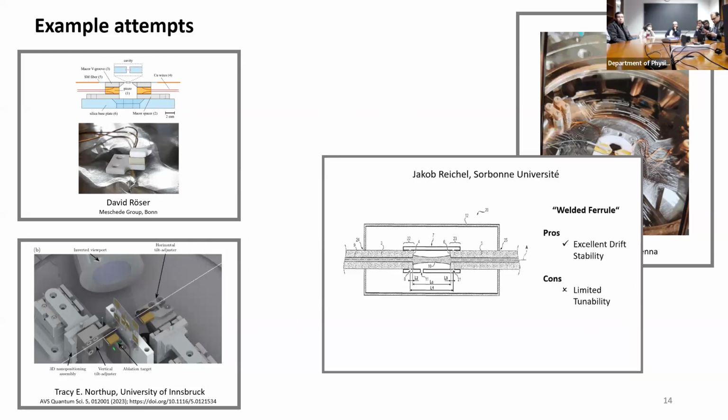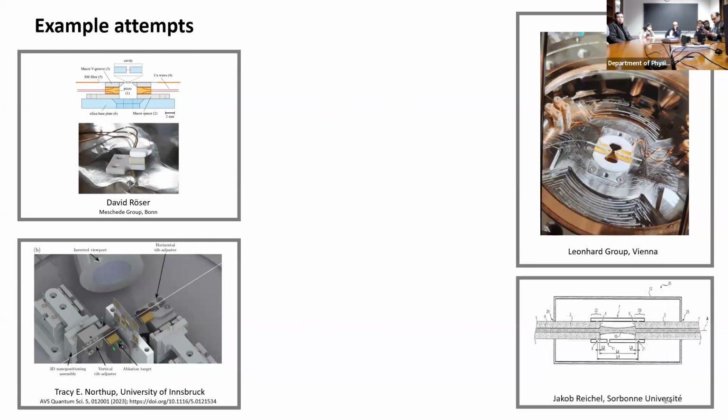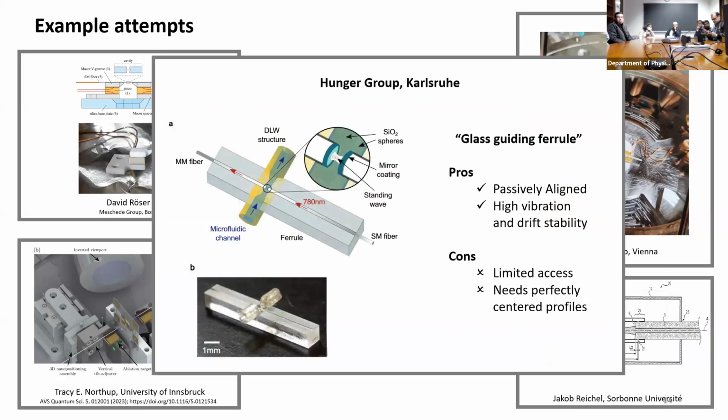And then last is this group in Karlsruhe, David Hunger. He is also the pioneer for this ablation method, where you shine this laser onto the fiber and then you can have this concavity. And what they're doing here is they have a glass box. This is called a glass ferrule, a single glass ferrule. And there's this guiding bore into the ferrule.